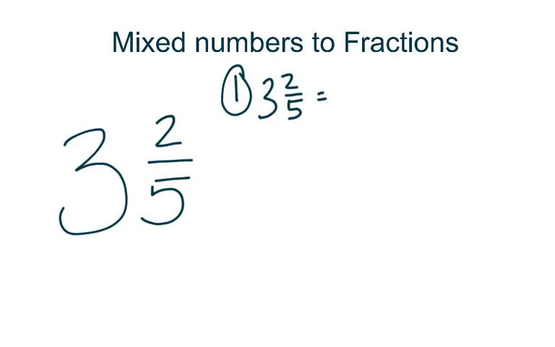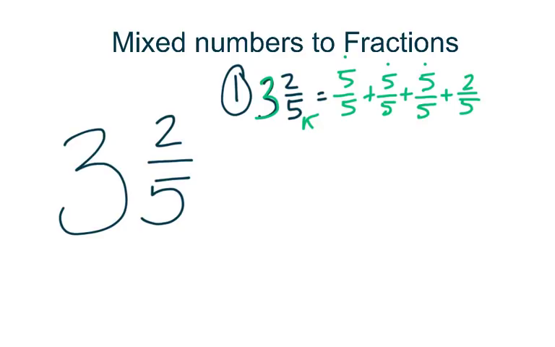A whole in this case would be equivalent to 5/5 because my denominator here tells me that my wholes are split into 5 equal parts, and my whole number tells me I have 3 of them, so I would have 3 5/5, and then I would have my 2/5, and when I add all these together, I'd add my numerators up, so 5, 10, 15 plus 2 more would give me 17/5, and this would be my fraction.